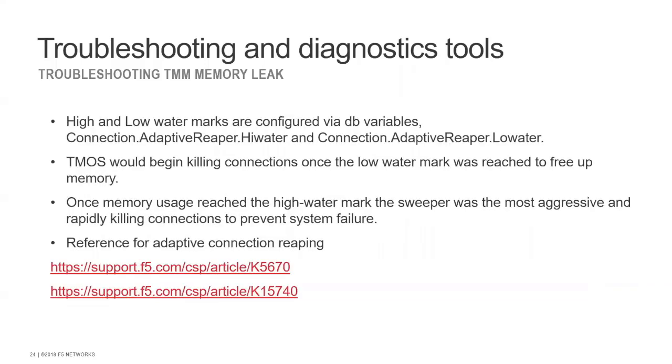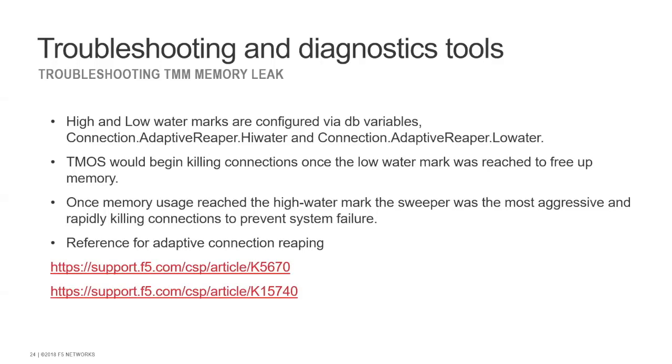So the sweeper is the component within the Traffic Management Microkernel, the TMM core, that both watches for expired connection flows and responds to resource exhaustion by adaptively ripping connection flows. This is in order to help prevent resource exhaustion.